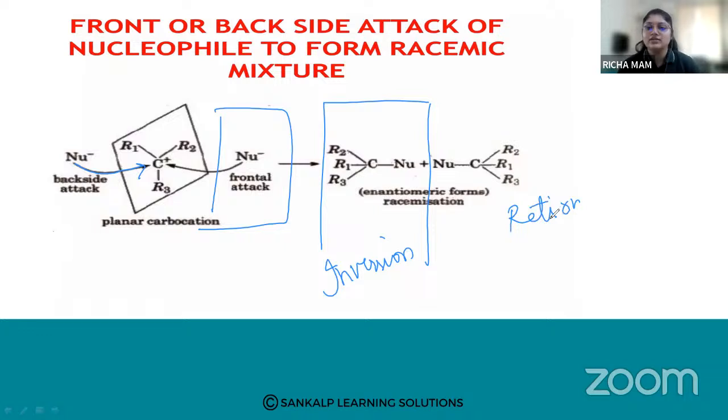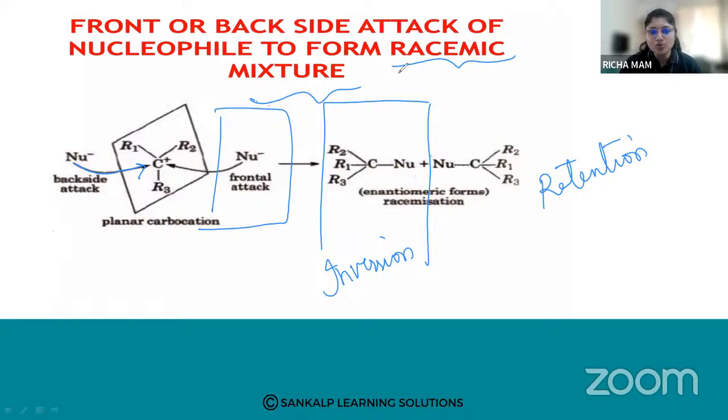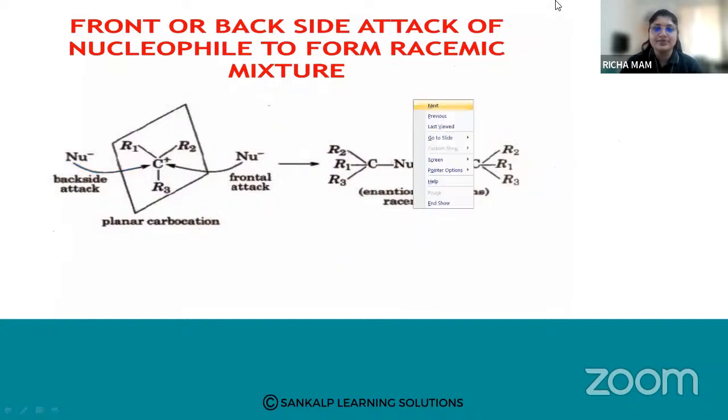So whenever the SN1 mechanism is there, the stereochemical aspect gives a racemic mixture. Two possibilities are there: attack from behind gives inversion, and attack from the front gives retention. So this is a racemic mixture. Understood?